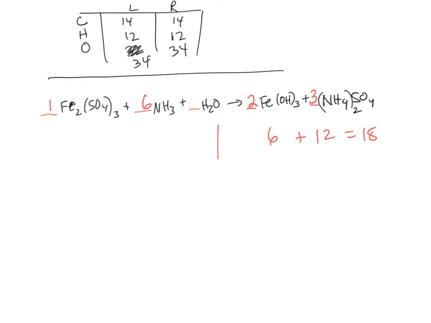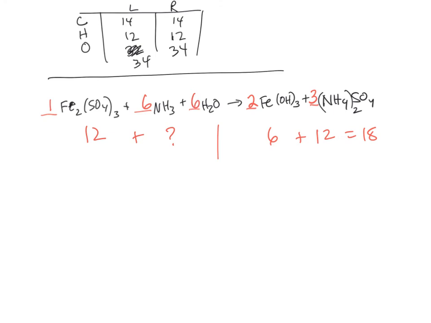Now on the left, in the iron(III) sulfate, you have 4 for each sulfate, 3 sulfates, so that's going to make 12. And then you want to figure out how many to put for the water, so the answer is going to be 6.